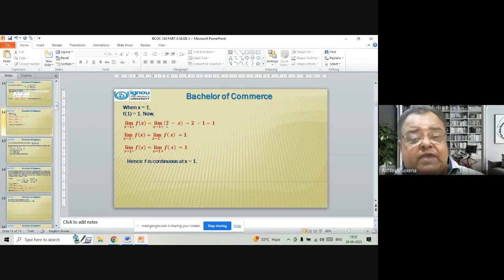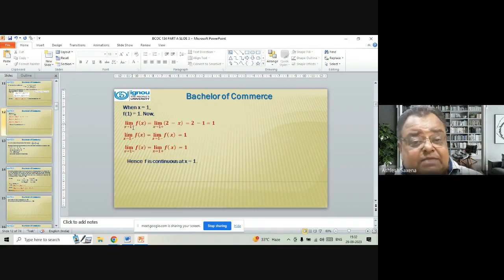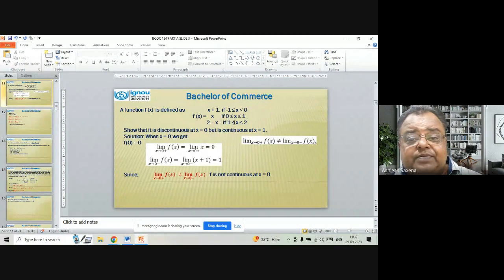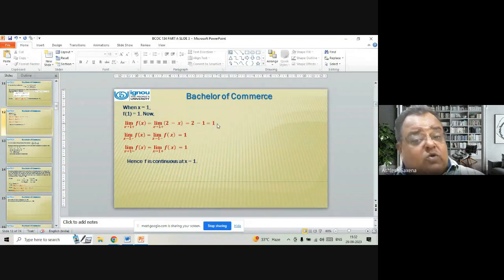In that case, we have to take 2 minus x. We will be applying the limit x tends to 1 in 2 minus x. It will be 2 minus 1, which is equal to 1. Now we will be moving to x tends to 1 minus.